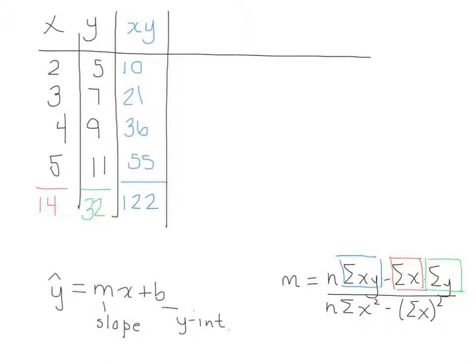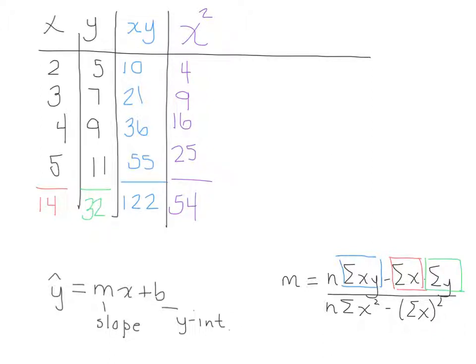In my denominator of this formula, I see, in addition to n, the number of ordered pairs that I have, I need the sum of my x squareds. So I'm going to need to square my x's and then add those up. My first x is 2, 2 squared is 4, 3 squared is 9, 4 squared is 16, 5 squared is 25. So I get the sum of my x squareds equal to 54.